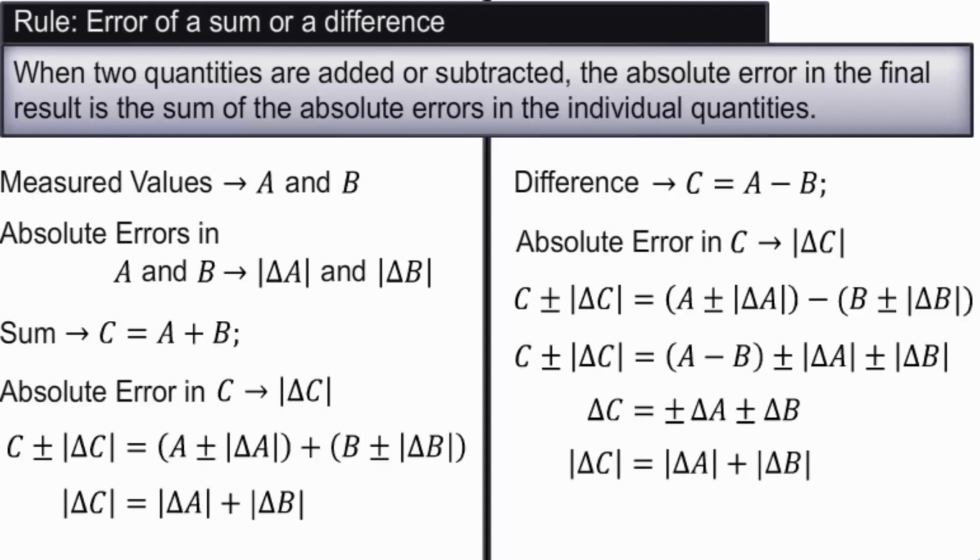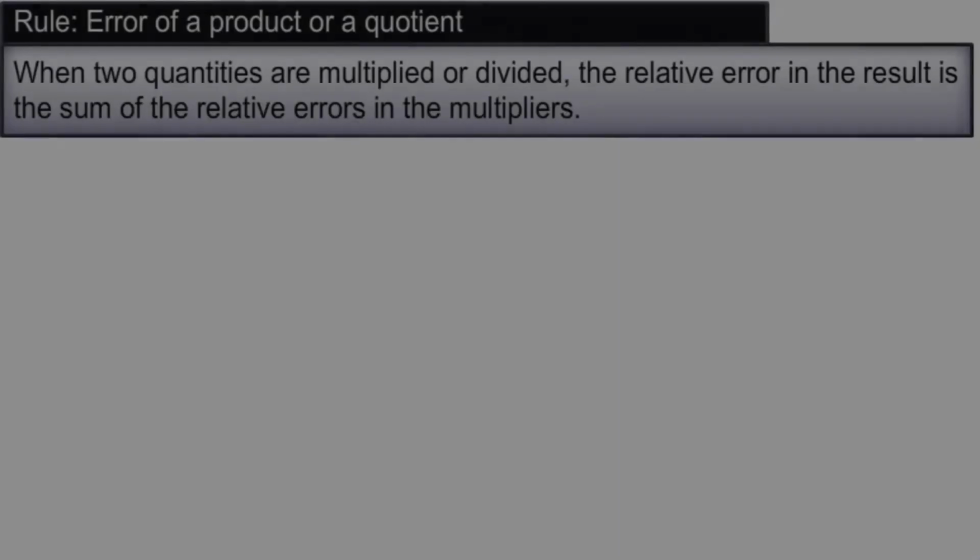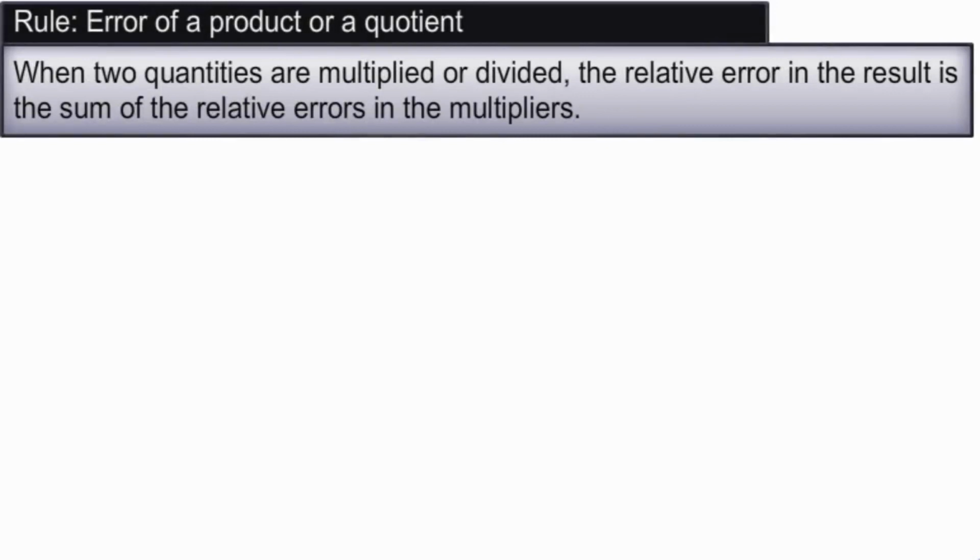When two quantities are multiplied or divided, the relative error in the result is the sum of the relative errors in the multipliers. Suppose a measurement Z = A × B, and the measured values of A and B are A ± ΔA and B ± ΔB.